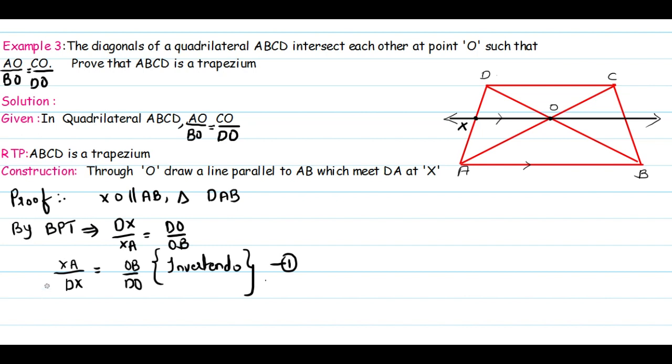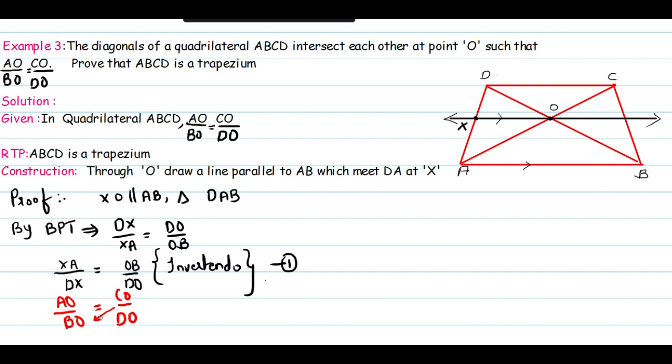But it is given that AO by BO is equal to CO by DO. If we rearrange this, what can I do?